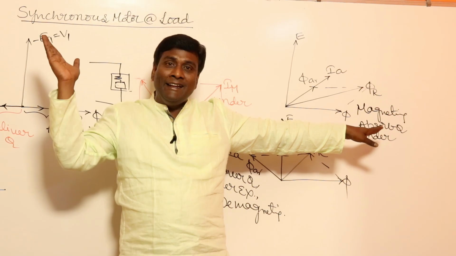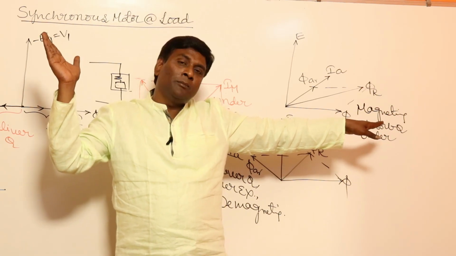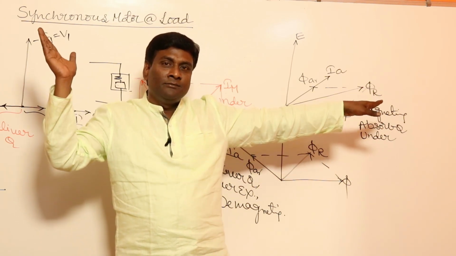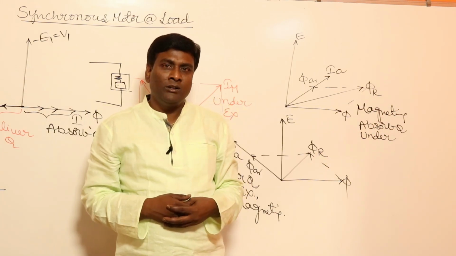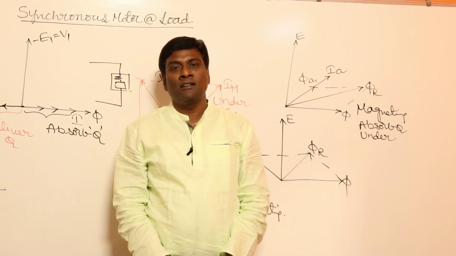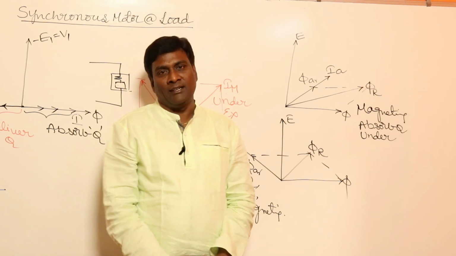For the motor, leading component of current means my source is driving the current to kill the flux. So an overexcited motor or overexcited generator delivers reactive power. So an overexcited synchronous machine delivers reactive power.